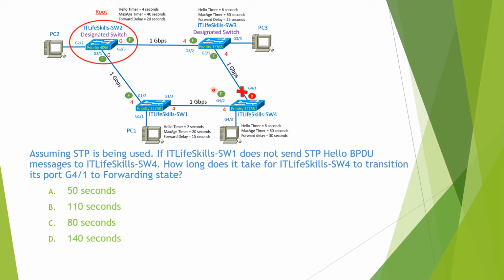When IT Live Skill Switch 4 stops receiving the Hello BPDU message from IT Live Skill Switch 1, it will wait for the max age timer, which is 40 seconds, to expire.